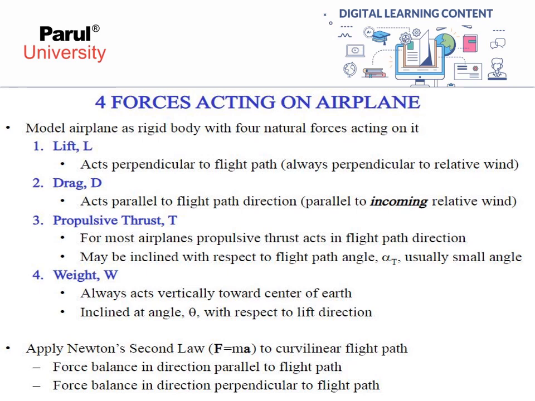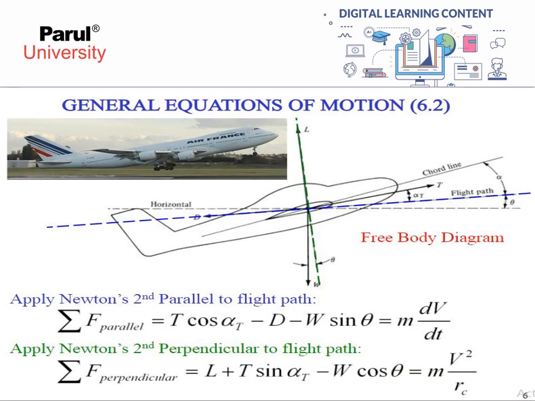Then we apply Newton's second law, F equals ma, to the curvilinear flight path. First is force balance in the direction parallel to the flight path. Second is force balance in the direction perpendicular to the flight path. Now, these are the general equations of motion.